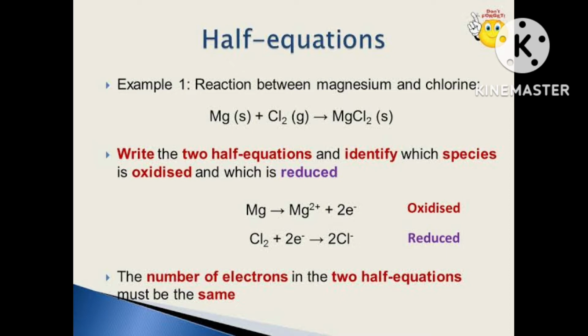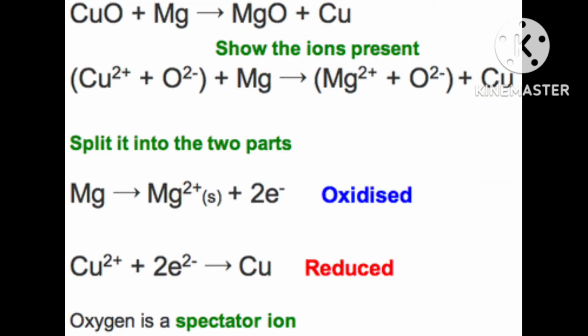Then suppose the reducing agent lost 2 electrons and the oxidizing agent got 3. Then you have to balance this. How will you balance it? It should be equal.